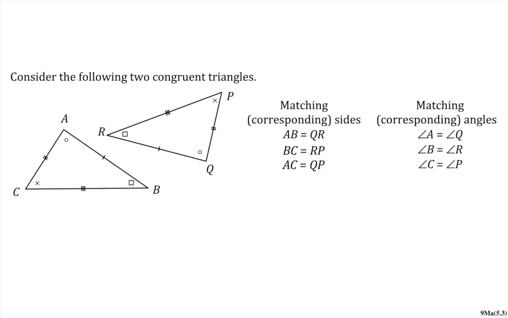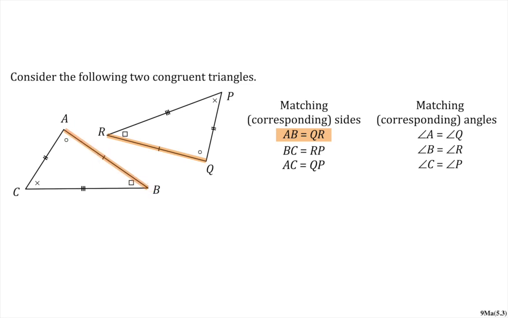So, let's have a look. Now this is where it gets really important. This section here is really important to understand the labeling. If we look at our two triangles here, I've got one triangle called triangle ABC. The other one's called triangle PQR. On the triangle, A to B has one dash on the side.